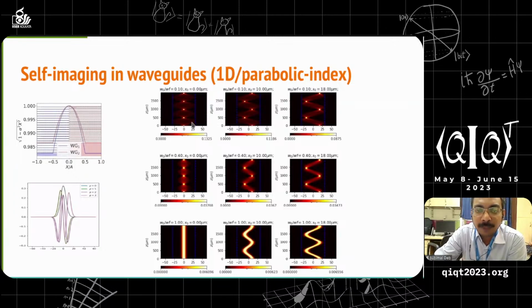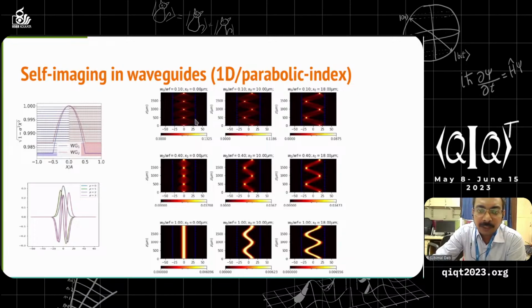If you go from left to right, you are changing the offset of the input Gaussian beam. With the one on the extreme left, the beam is injected right at the center. On the extreme right, it has gone very close to the boundaries. As you come down along any column, the width of the input beam has increased.